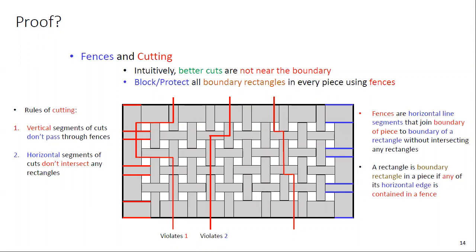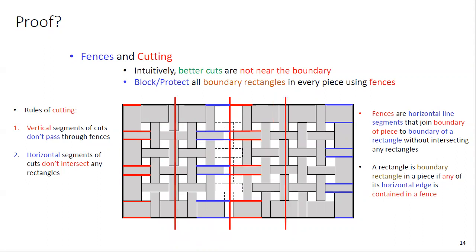Okay, so let's see what I can obtain by doing this. Maybe I will cut in the middle like this. Now after cutting, I have to get rid of these rectangles, and I will recurse on the right and on the left side until I have one rectangle per piece.